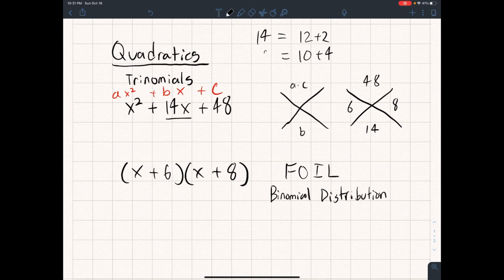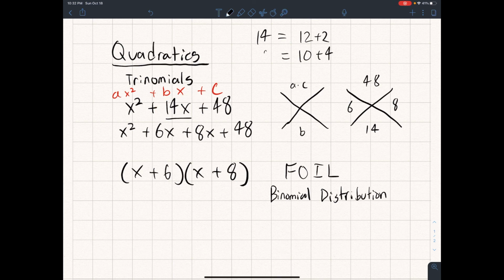So what if I rewrote this 14 as these two numbers that supposedly will give me my answers? Well, 14x is the same as 6x plus 8x. So that's all I did. I changed nothing about this equation other than rewriting this number 14.